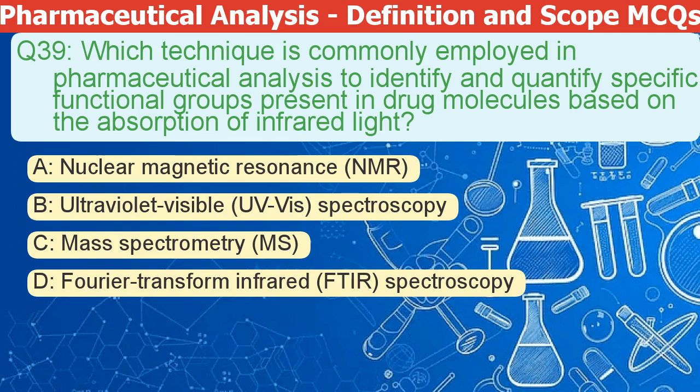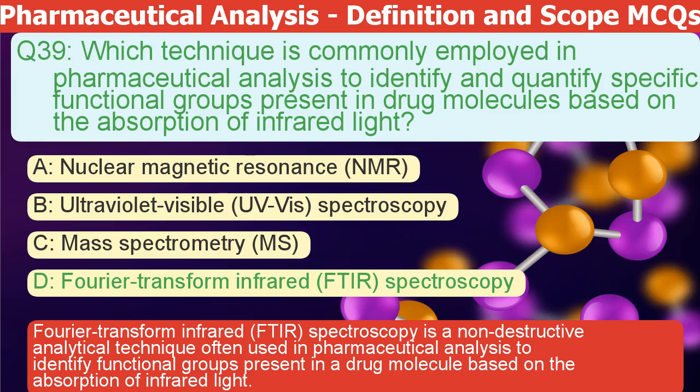C. Mass spectrometry, MS. D. Fourier transform infrared, FTIR spectroscopy. The correct answer is D. Fourier transform infrared, FTIR spectroscopy is a non-destructive analytical technique often used in pharmaceutical analysis to identify functional groups present in a drug molecule based on the absorption of infrared light.